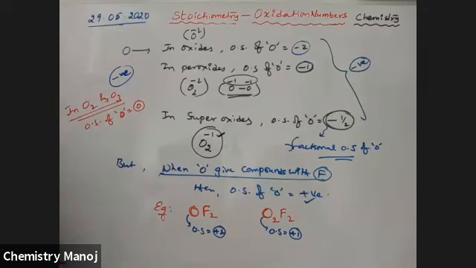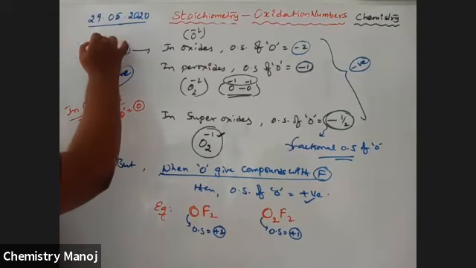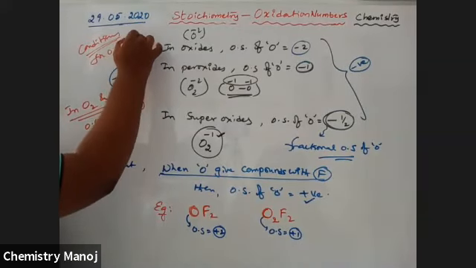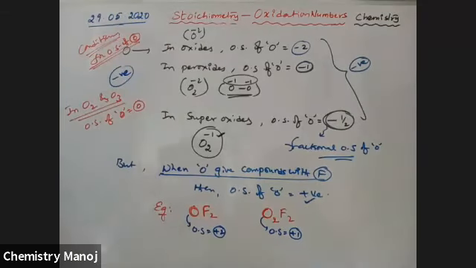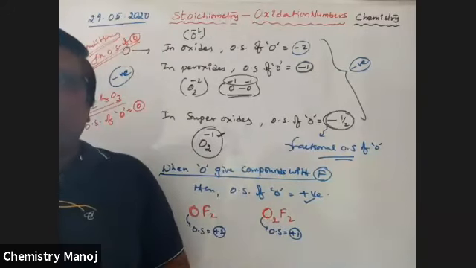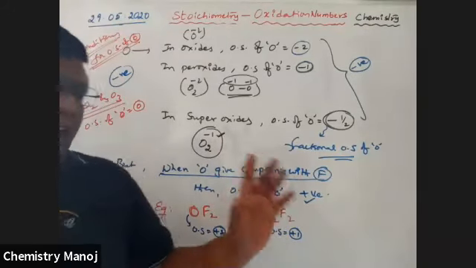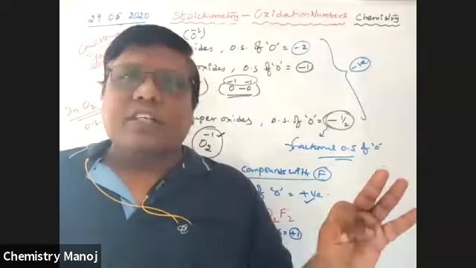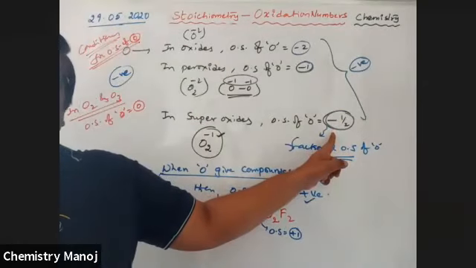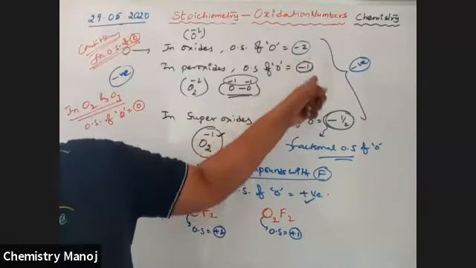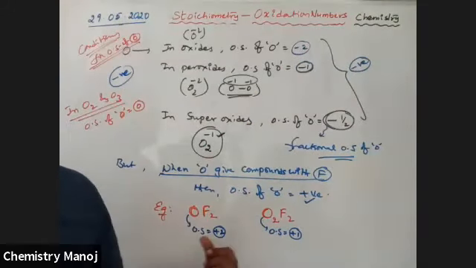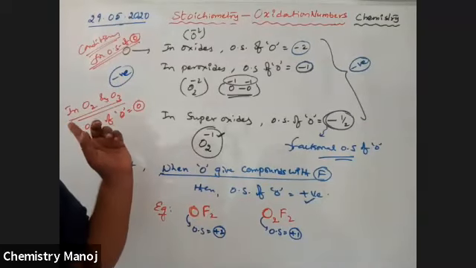These are the conditions for the oxidation state of oxygen. It is very, very important, so you should remember. Finally, oxygen shows positive, negative, zero and fractional oxidation states. Fractional is in superoxide. Negative is generally in oxide and peroxide. With fluorine, positive, +1 and +2. But 0 in the case of O2 and O3.